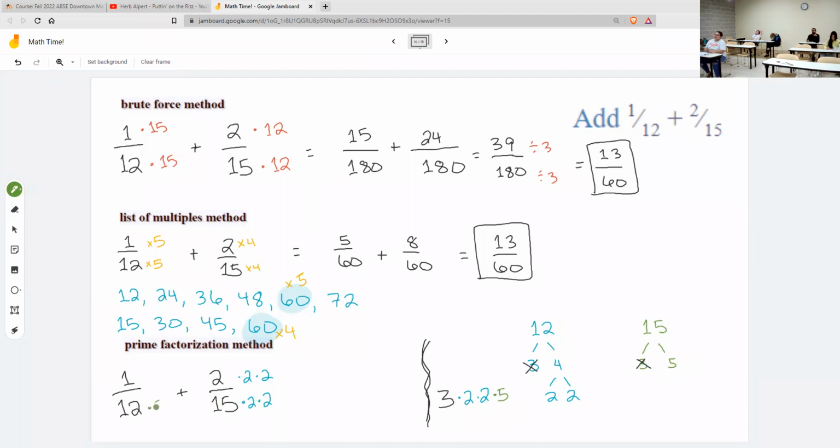So now they both have the same things. And that's equal to 60, by the way. So for a very different way of thinking, we get the same thing, 5/60ths plus 8/60ths is 13/60ths.